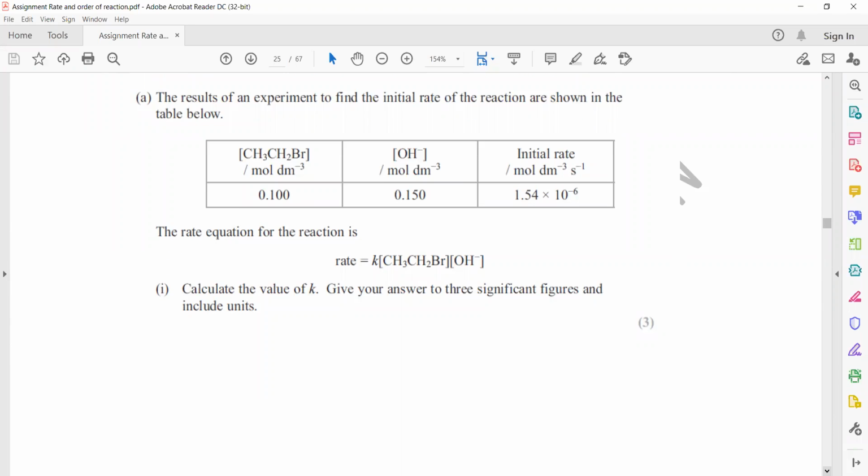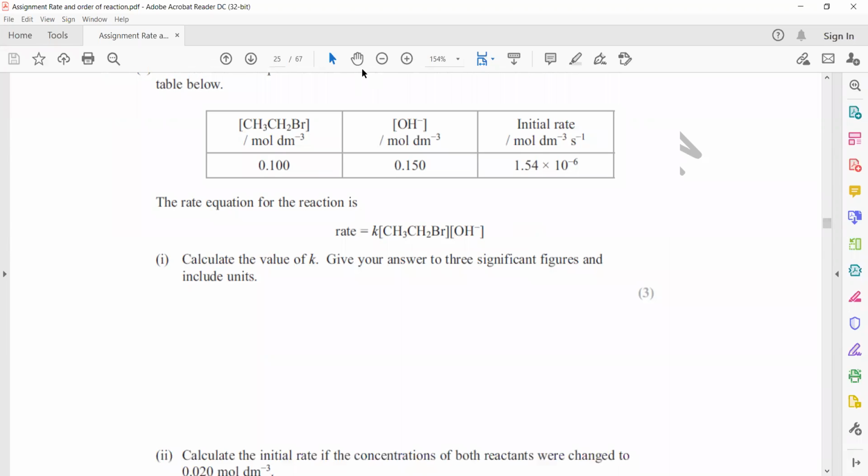So the rate equation is given. If the equation is given, we just have to substitute the values. The value of the rate is 1.54 into 10 power minus 6. The K is unknown. The concentration of bromoethane is 0.1, and the concentration of hydroxide ion is 0.15.